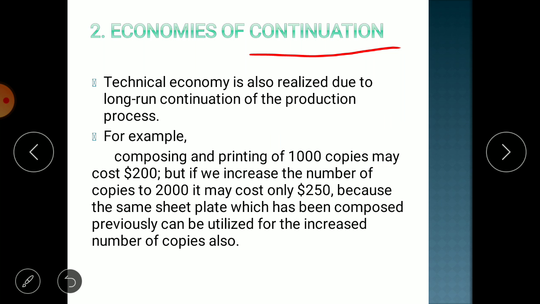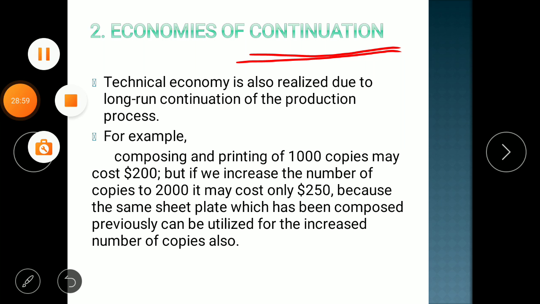Why? Because after 15 seconds, if you restart your vehicle, it will consume more petrol. So it is better to continue it for the 15 seconds so that it consumes less petrol. That is what economies of continuation are. We should continue our production and our machinery for a reduced cost of production.